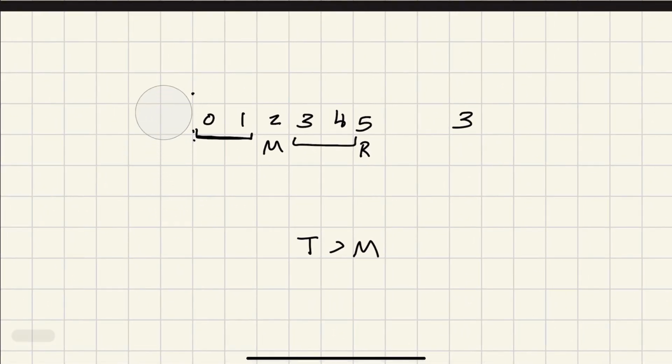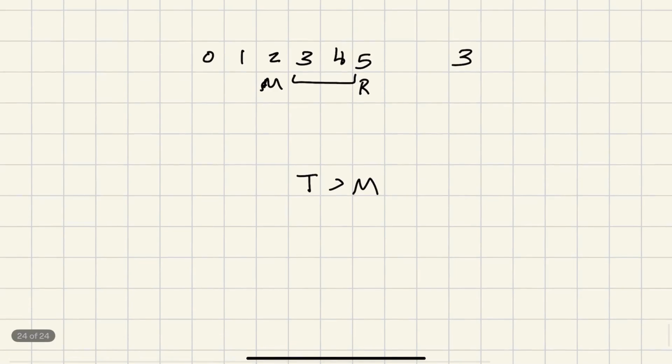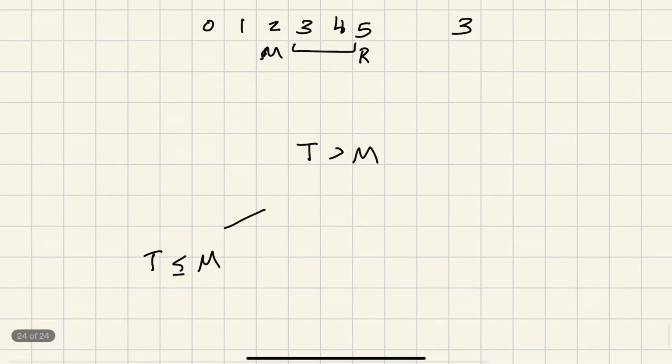Now, what do I mean by that? Well, it's going to be very similar. Our first check is going to be if target is less than or equal to mid, where of course mid in this case is equal to our new right, or that's not correct. Okay, we're checking if target is less than or equal to right, where right is right.